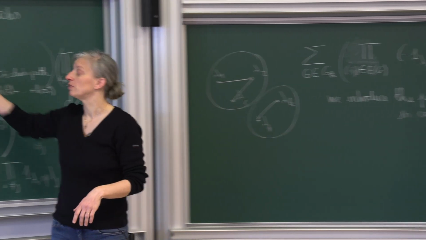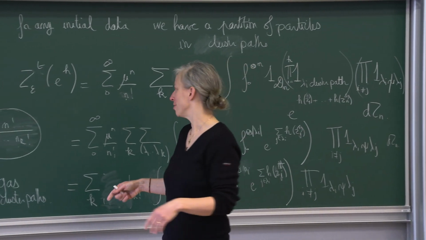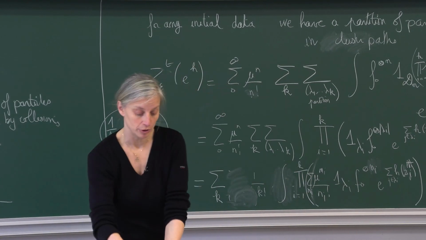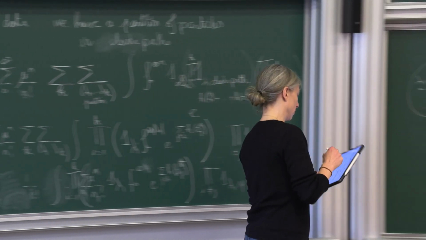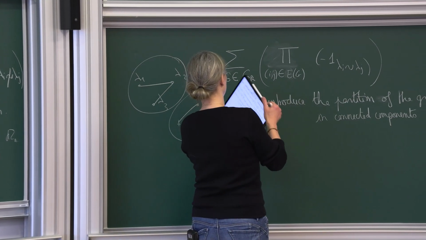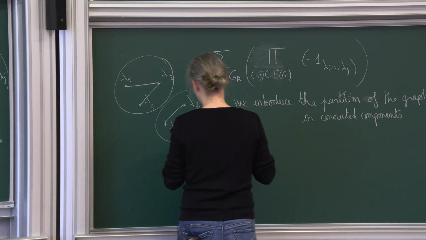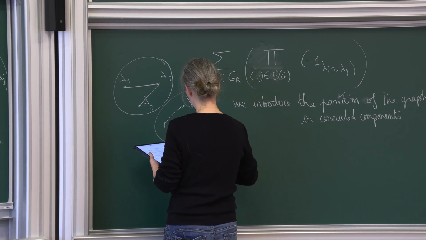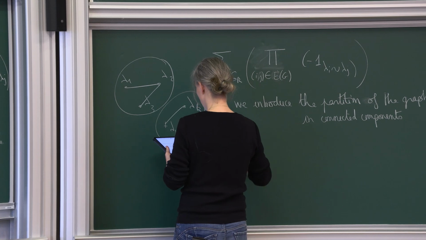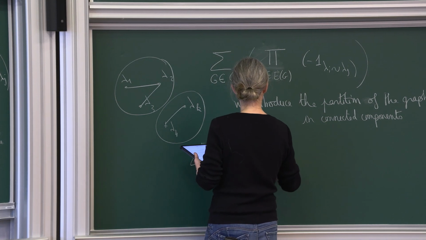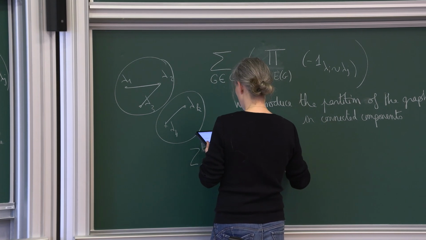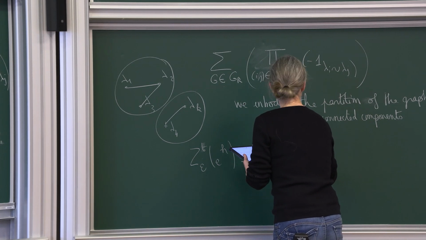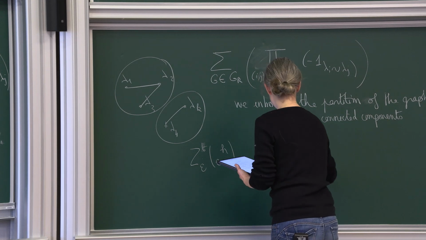Okay, so you can do exactly the same combinatorics here, the same Fubini formula, and then you get something which is essentially the final form that I will use. So you get that Z epsilon t of exponential of h will be the sum from 0 to infinity of 1 over factorial, I will call it m.